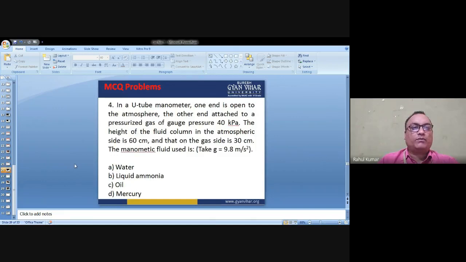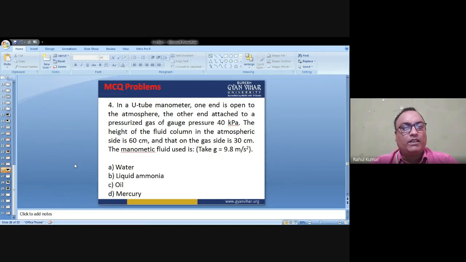Then question number 4. In a U-tube manometer, one end is open to the atmosphere, and the other end is attached to a pressurized gas of gauge pressure 40 kilopascal. The height of the fluid column on the atmospheric side is 60 centimeter, and that on the gas side is 30 centimeter.